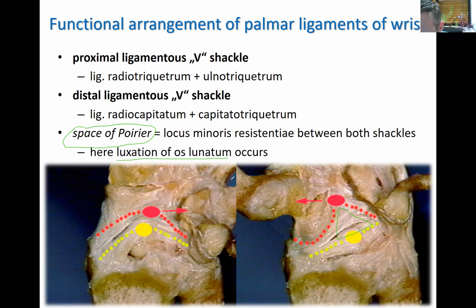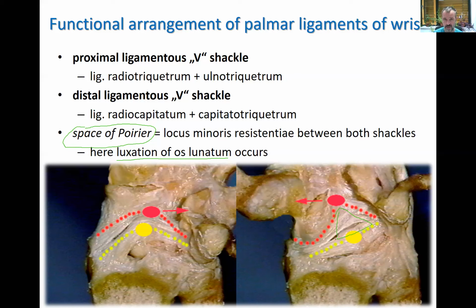The most common injury of the wrist is fracture of scaphoid bone. We have talked about that in bones, that it does not heal very well due to its poor blood supply. But the second most common injury of the wrist is luxation of lunate. Why specifically lunate? It's because of this space, which you can see here, and the lunate bone is underlying this space of Poirier.